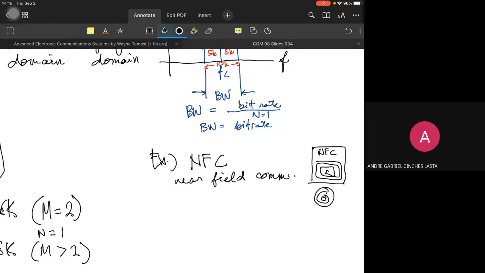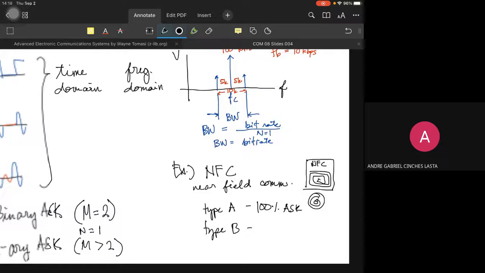So near field communication systems use ASK. Just for added information, there are type A and type B NFC. Type A uses 100% ASK, so this is an example of 100% ASK.